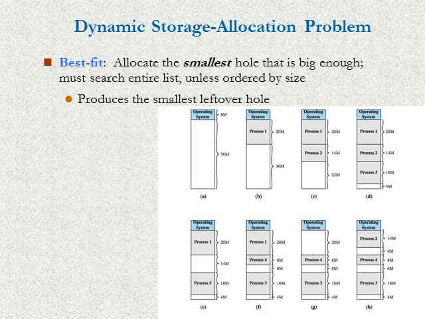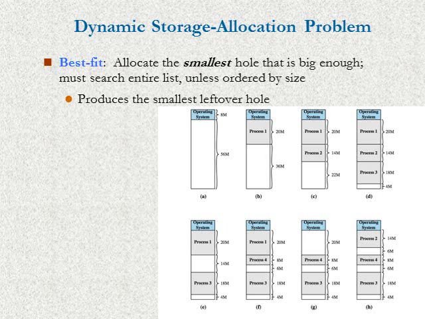This method proposes that you should traverse the whole main memory and keep track of all the holes that are available on it, and you should allocate the smallest hole that is big enough to accommodate a process to that particular process. So the process will be fit into the best possible hole that is relative to the size of this process.